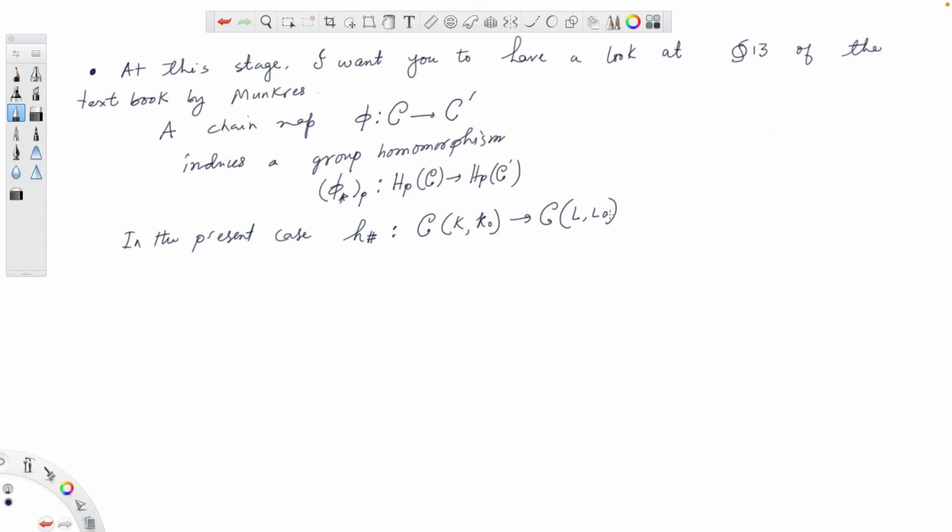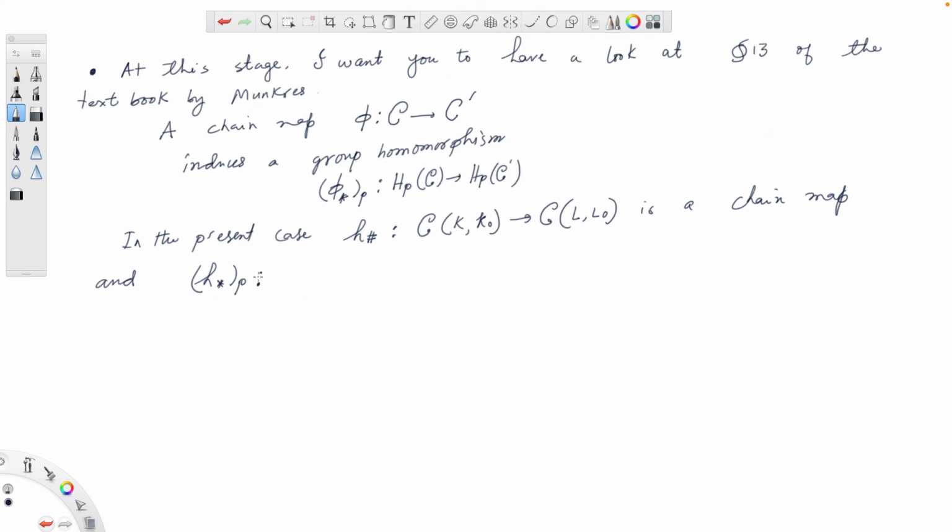This is a chain map, and H star at P, according to the notation that we have been using, is the induced group homomorphism at the level of homology groups.